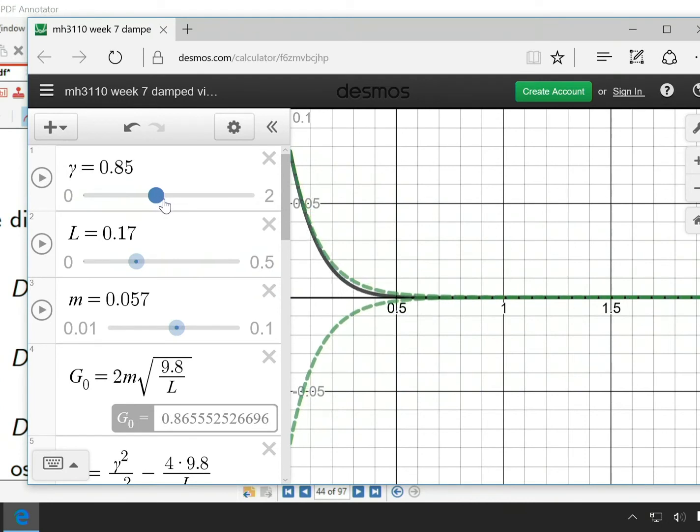And at this point, the discriminant of our characteristic equation becomes 0. I think it's about that point. So here there are very, very quickly decaying oscillations, and here we don't have oscillations at all.